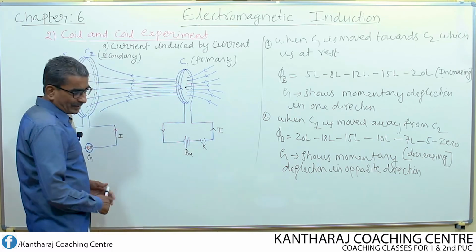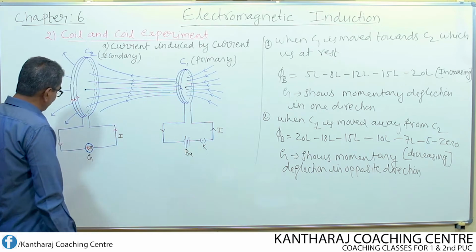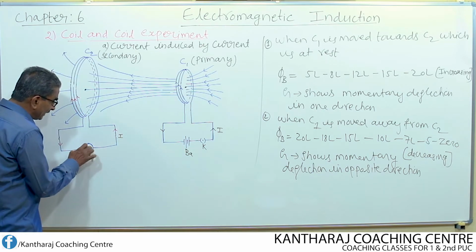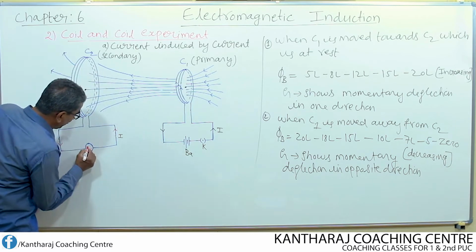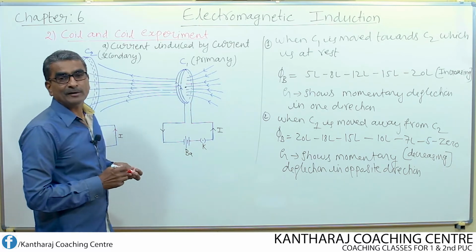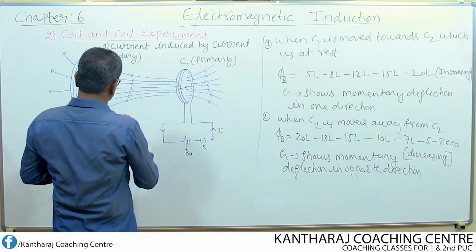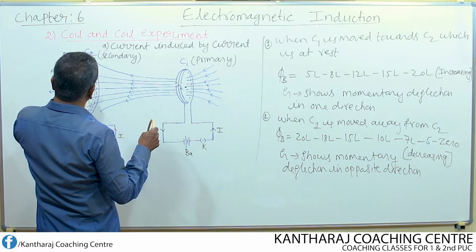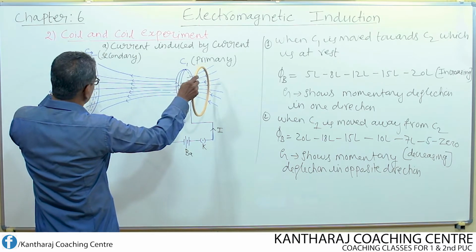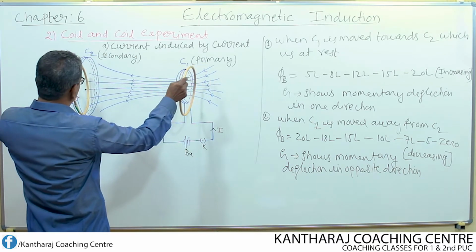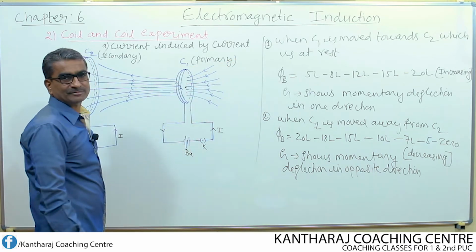Suppose you want to increase the deflection in the galvanometer, then what should be done? Instead of moving only C1, with C2 kept at rest, move both C1 and C2 towards each other or away from each other.